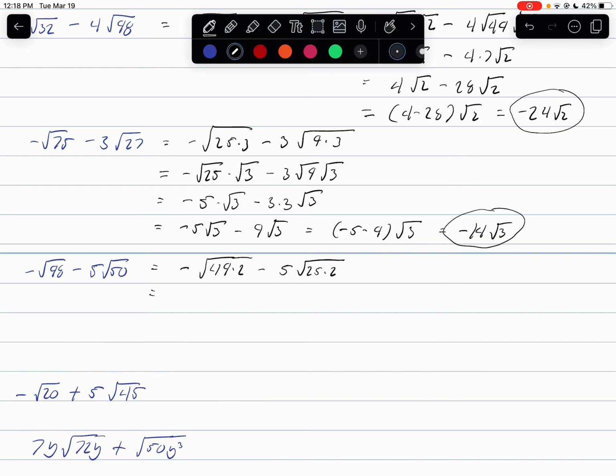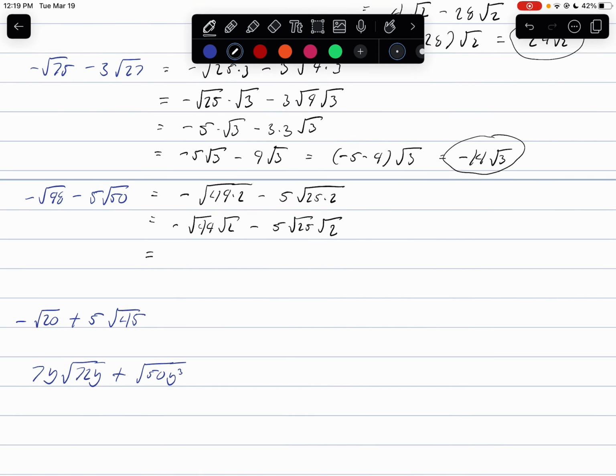Okay, so if we split everything up, we'll get negative the square root of 49 times the square root of 2 minus 5 times the square root of 25 times the square root of 2, which is going to give us negative 7 times the square root of 2 minus 5 times 5, which is 25, times the square root of 2.